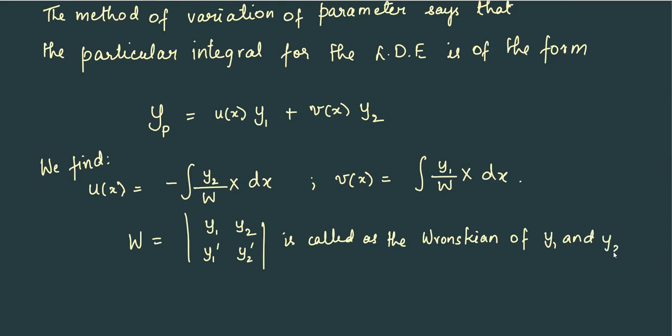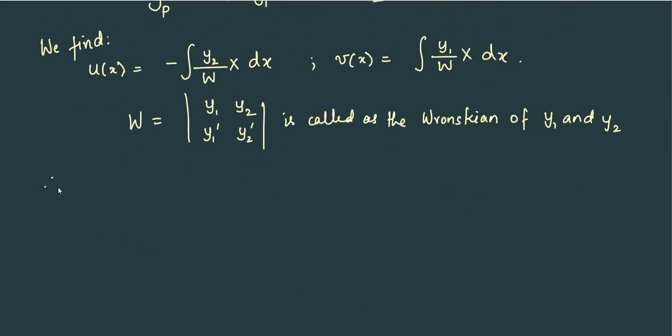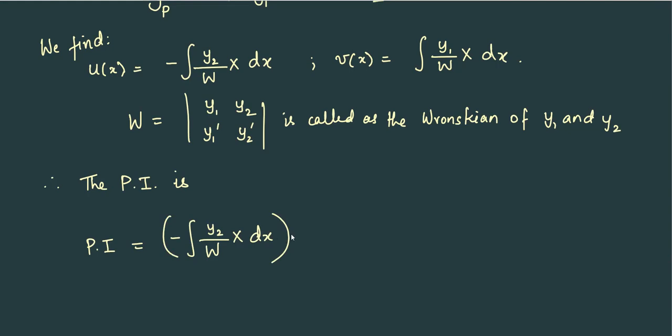Just like we call the determinant of partial derivatives of multivariate functions the Jacobian, like that, this is the Wronskian. So therefore the particular integral is u times y1 plus v times y2, so we get minus integral y2 upon Wronskian times X dx times y1 plus integral y1 upon Wronskian times X dx times y2. This is the particular integral.